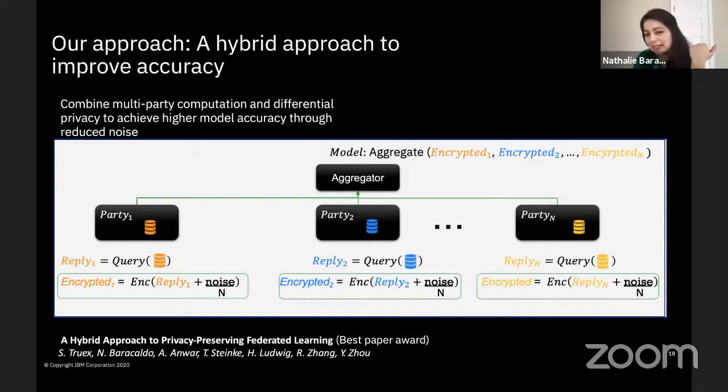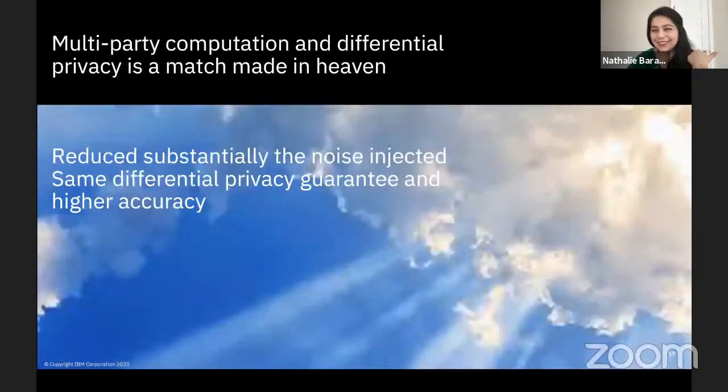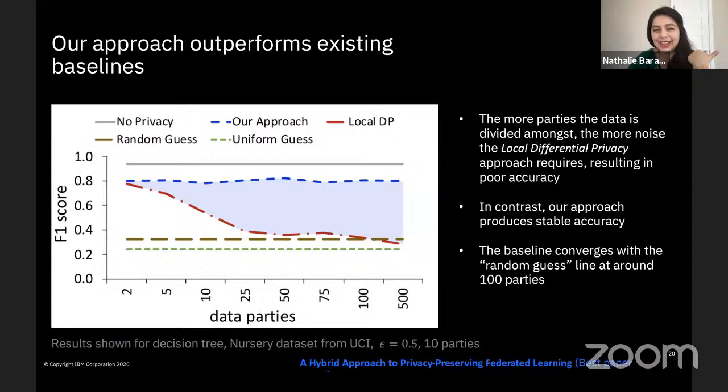So if you combine that with differential privacy, you can reduce the noise substantially. It's just like a match made in heaven. You get really good results.